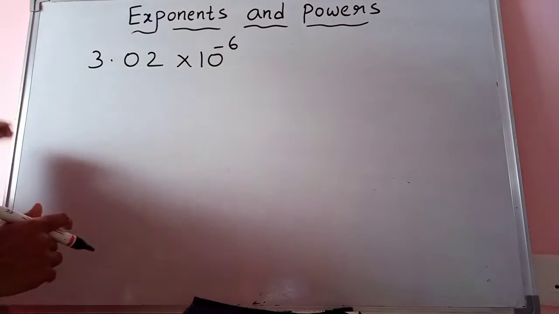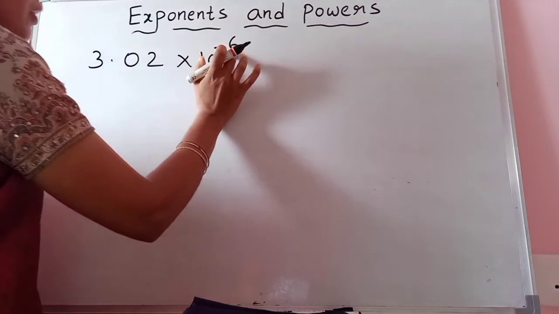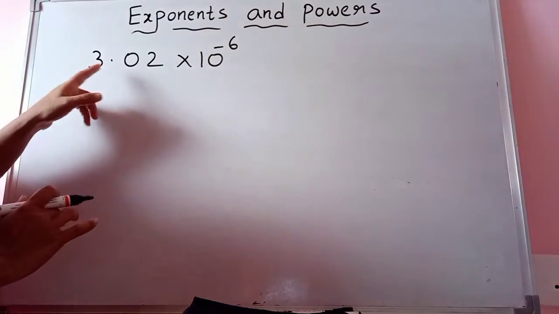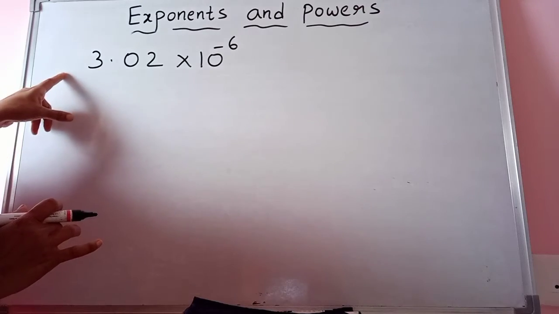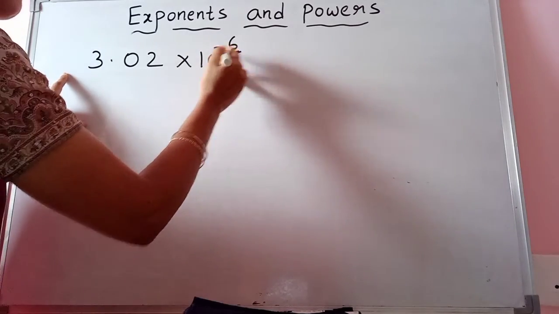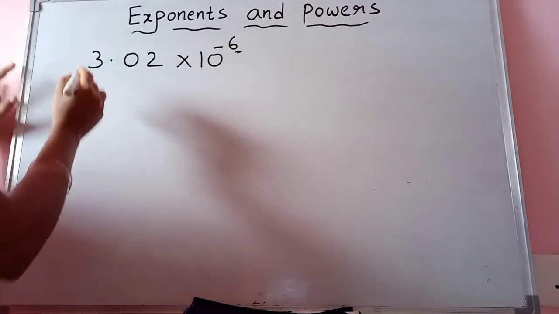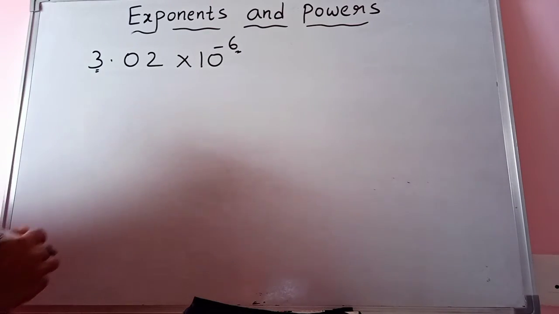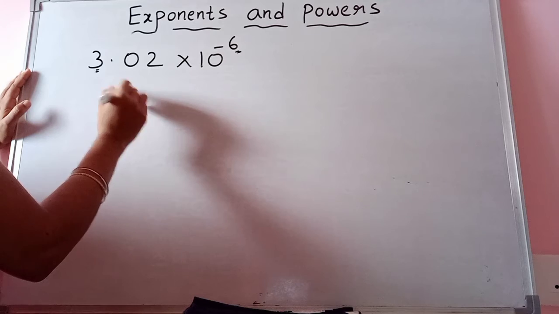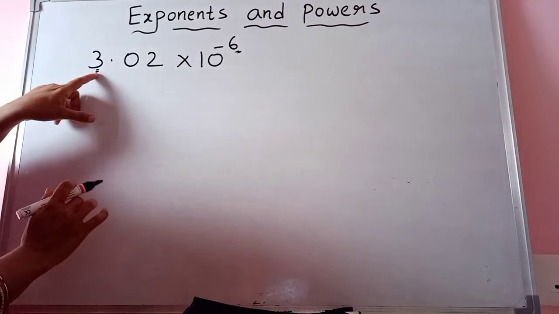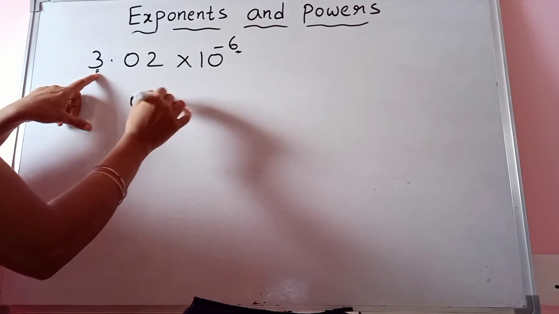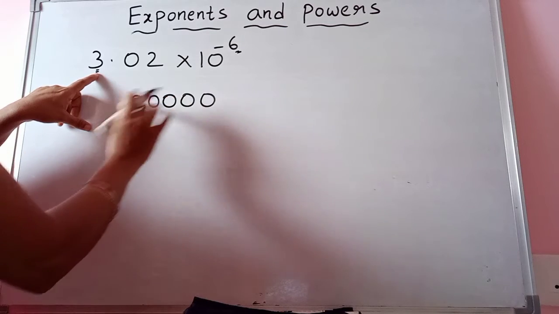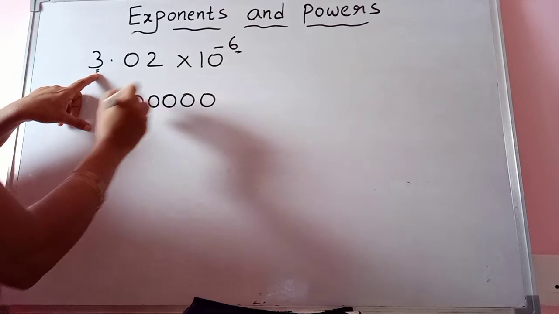Negative exponent means it is a small number. The point we have to shift towards the left side. How many places? 6 places. But one place we have here already. Therefore, 5 more places required. 5 zeros required before this 3. Before this 3, 5 more zeros required. 1, 2, 3, 4, 5 zeros.